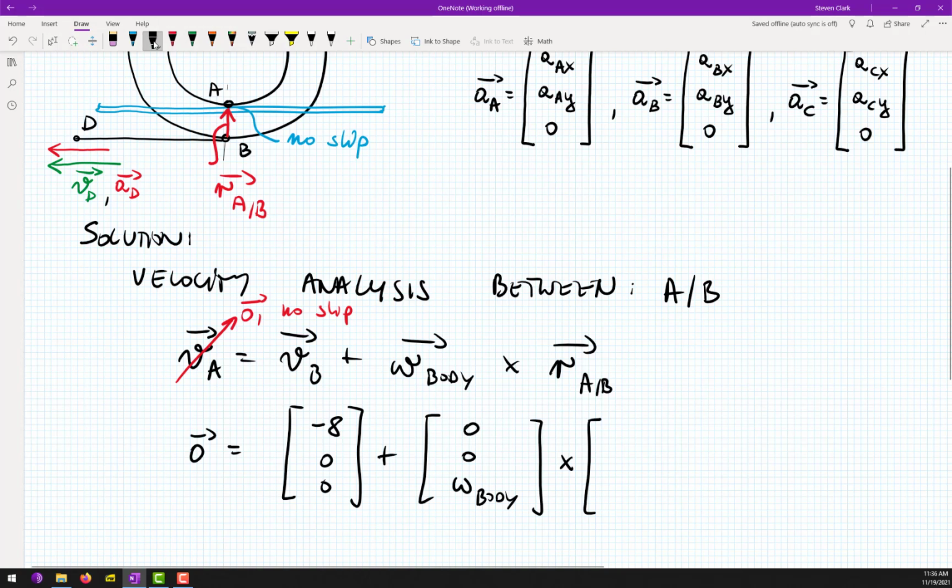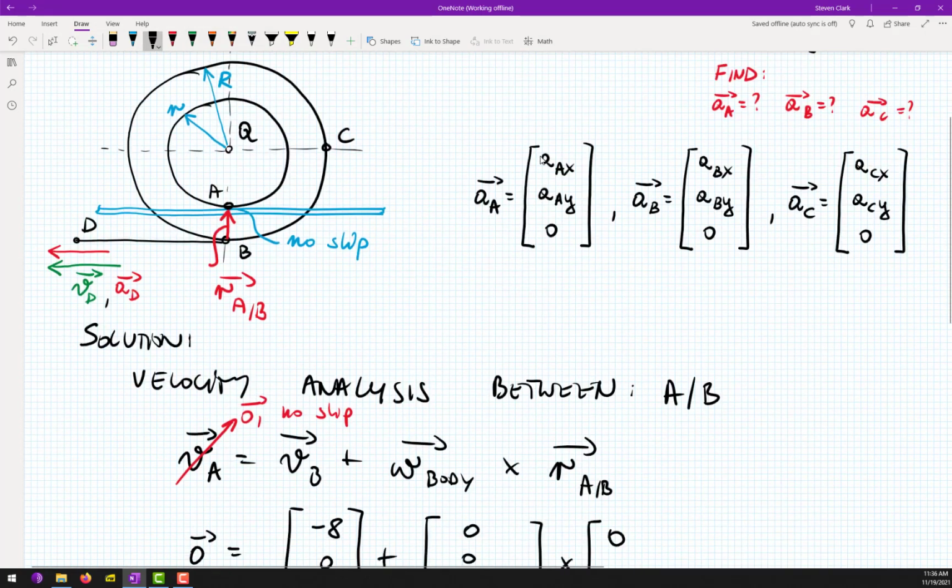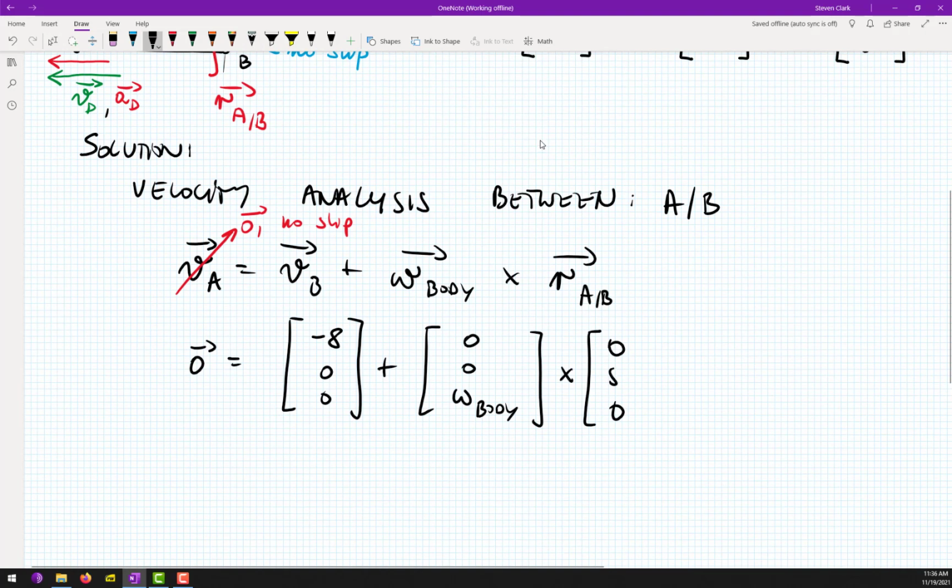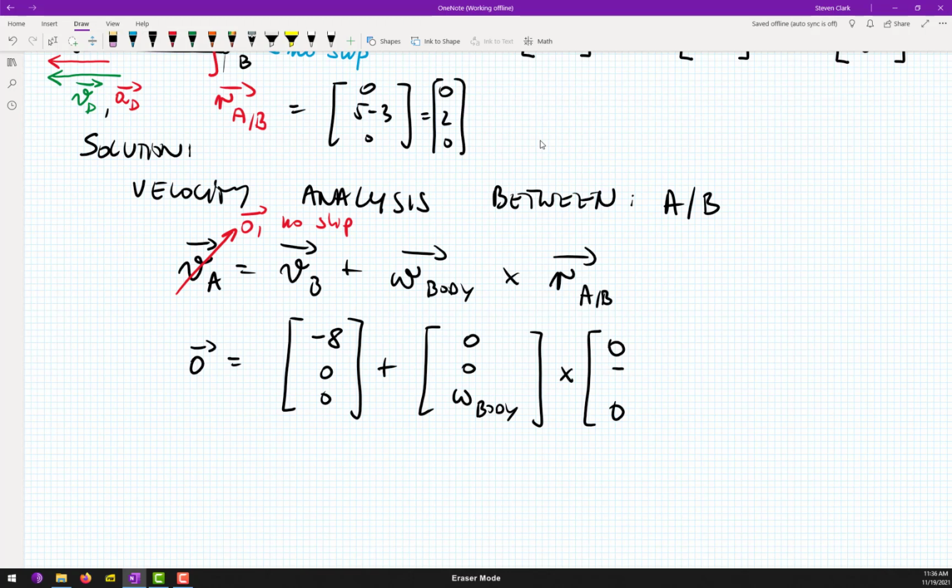So this one will be 0, 0 here, 5 minus 3. So let's do that maybe: 0, 5 minus 3, 0, which is 0, 2, 0. This is our vector.